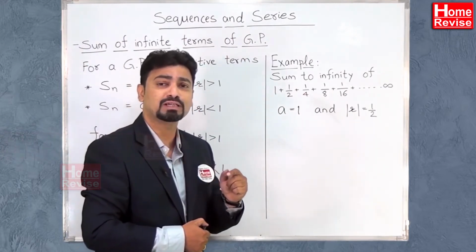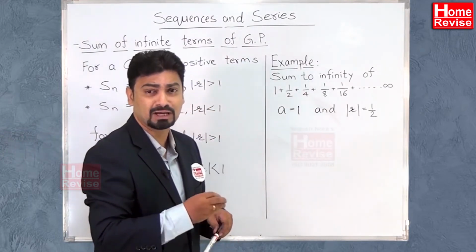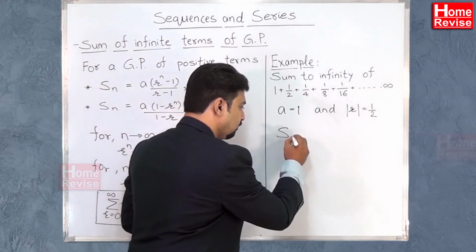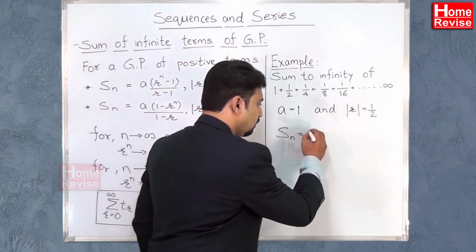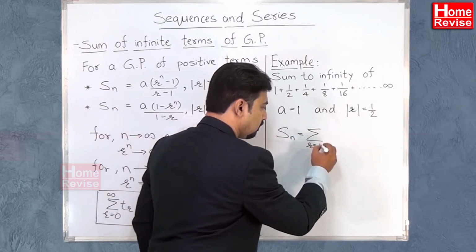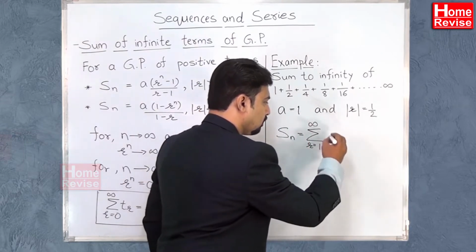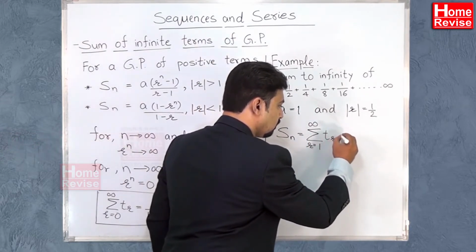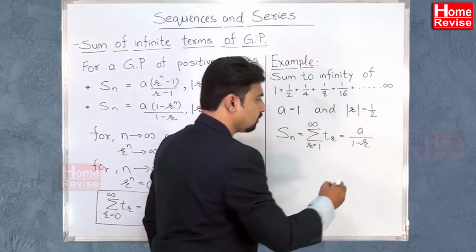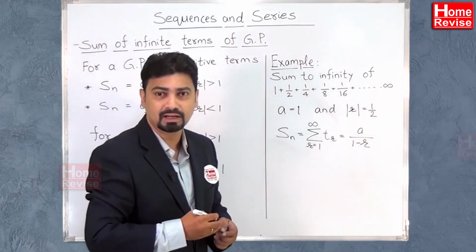The formula for the sum of infinite terms, or sum to infinity, for a GP is a upon 1 minus r, correct?